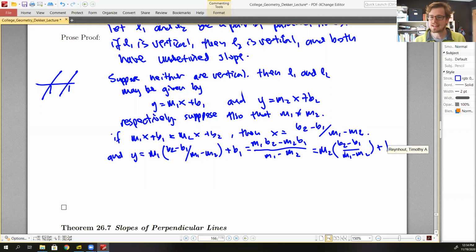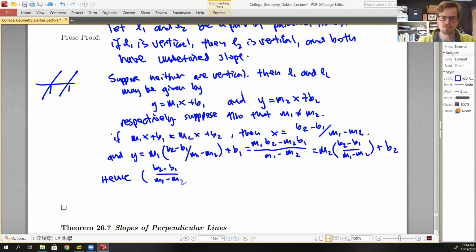So that is to say, for this x value, the y value for the first equation is the same as the y value for the second equation, and that tells us, hence, that b2 minus b1 divided by m1 minus m2, this x value, when we plug that into one of the equations, we get this, which is the same thing as the other.